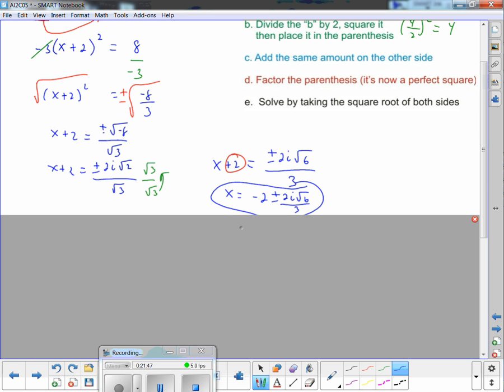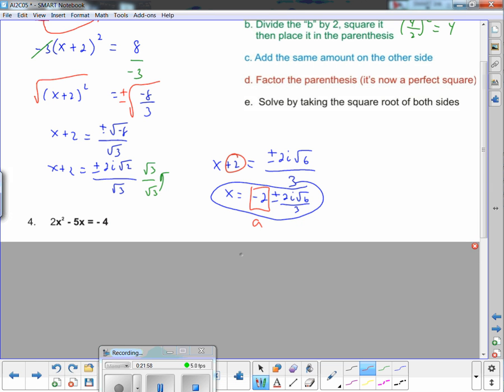Is the negative 2 off to the side, or is it on top with 2i? It's really its own, it's the real part. So if you go back to imaginary numbers, it's the real part, so it's a number out in front of this whole fraction.